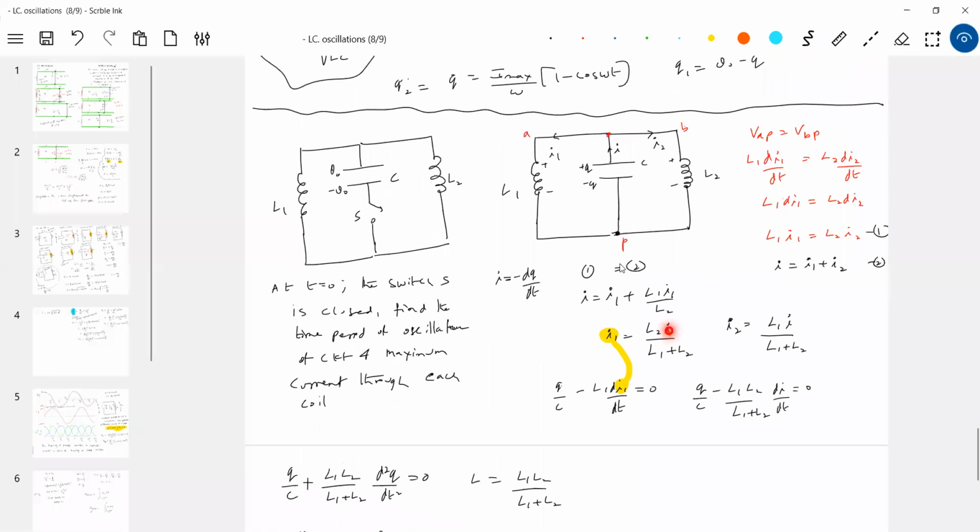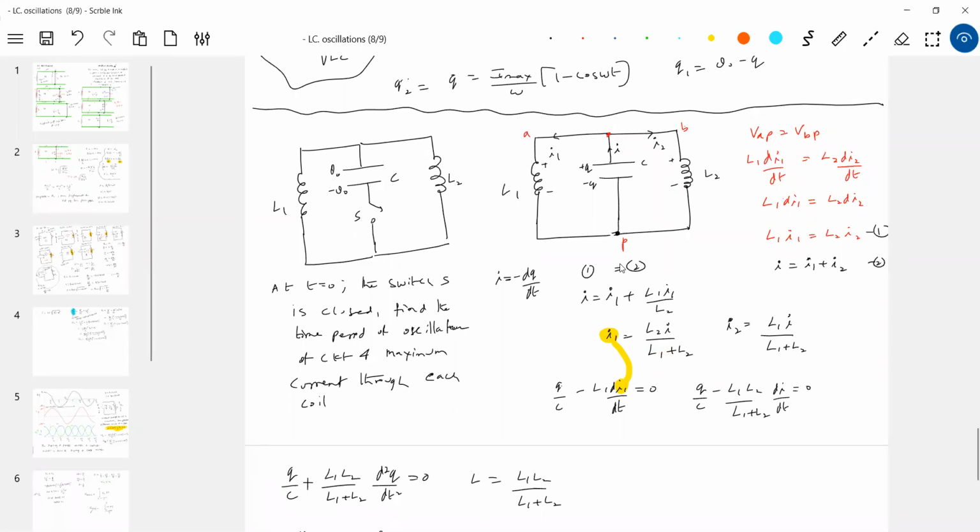Current I1 will be maximum when I is maximum. That's all, no? The current through coil 1 will be maximum when the current across the capacitor is maximum, because I1 is directly proportional to I. So what is I max? It is equal to Q naught omega.